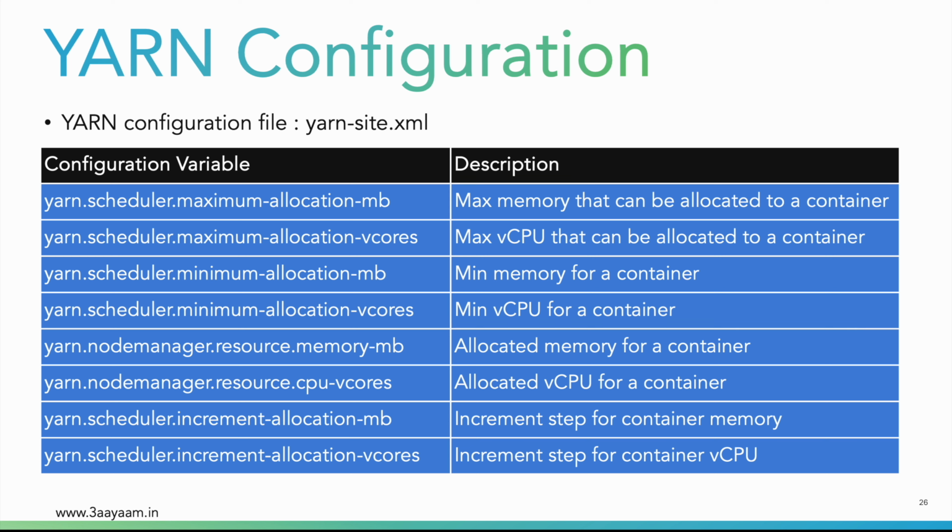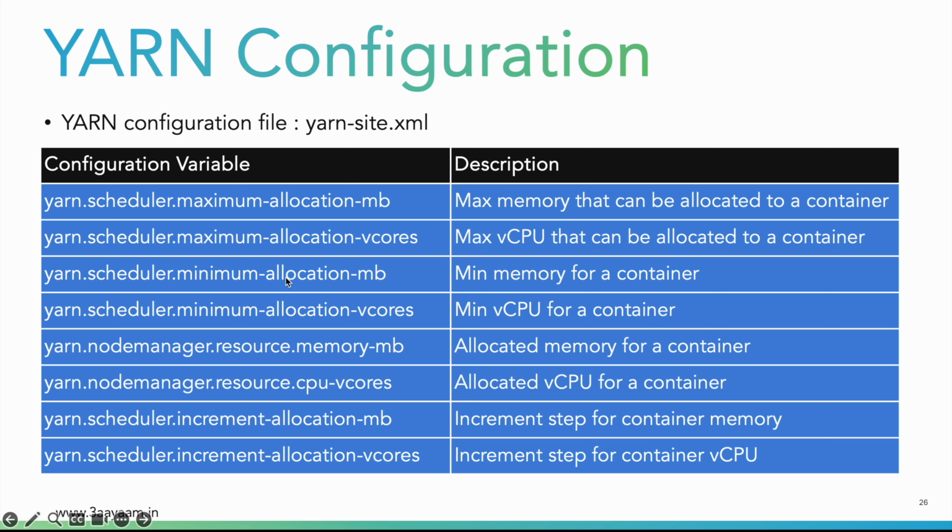If you try to create a container with 64 GB, either it will fail or the amount of memory would be reduced to 50 GB. So this is the maximum memory that can be allocated to a container. Likewise, you have yarn.scheduler.maximum-allocation-vcores, which is the maximum number of vCPUs that can be allocated to a container.